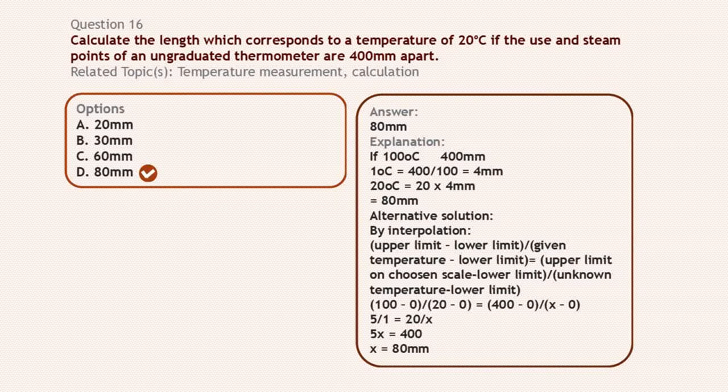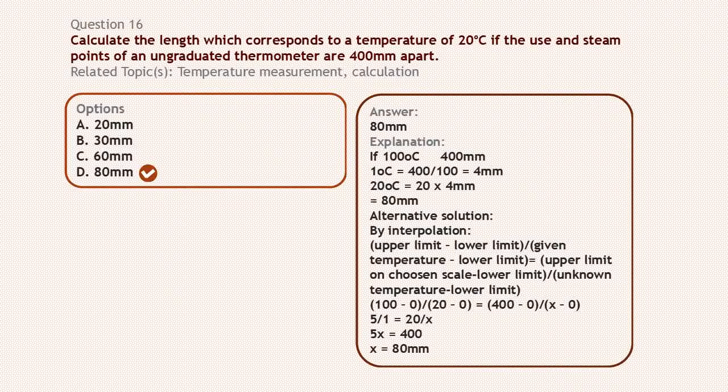In the standard thermometer, the ice point, the lower fixed point, is 0 degrees Celsius, and the upper fixed point is 100 degrees Celsius. So the difference between the upper fixed point and the lower fixed point is 100 minus 0, which means they are 100 degrees apart.